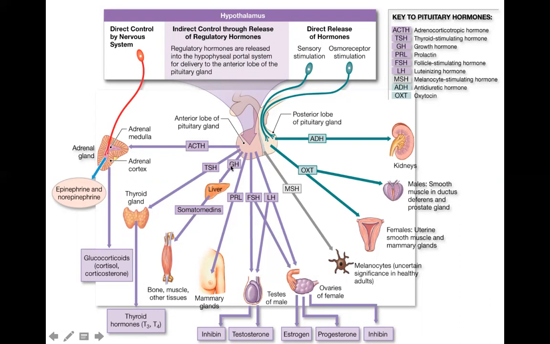Growth hormone will act on the liver, producing somatomedins for it to act on the bones, muscles, and other tissues, and so on and so forth. All this is indirect control through regulatory hormones.